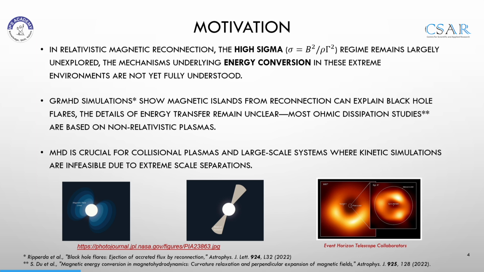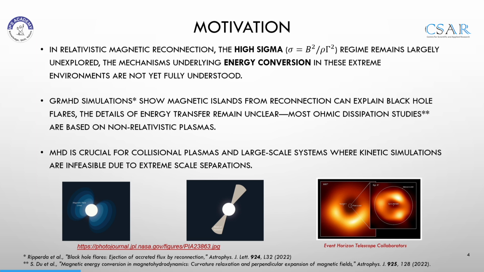So, the motivation: in relativistic magnetic reconnection, the high sigma regime remains largely unexplored. Sigma is the magnetization parameter, which is the ratio of magnetic energy density to the rest energy density of the plasma, and the mechanisms underlying the energy conversion in these extreme environments are not yet fully understood.